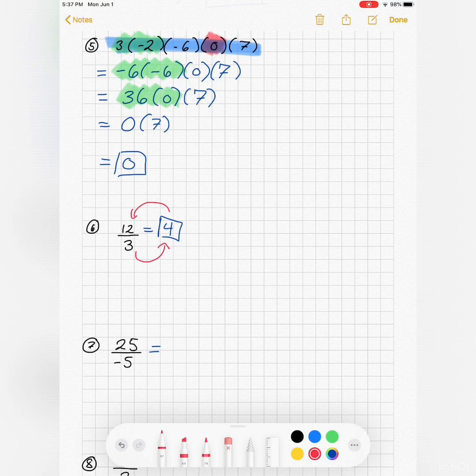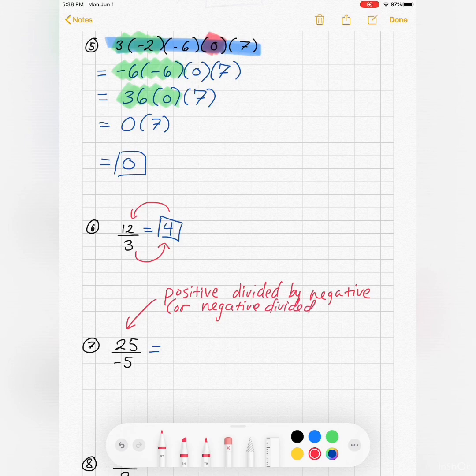If I have one positive and one negative, so positive divided by negative, or vice versa, negative divided by positive, is negative, as you might have guessed. So it's like multiplication. If I have one positive and one negative, the result is negative.